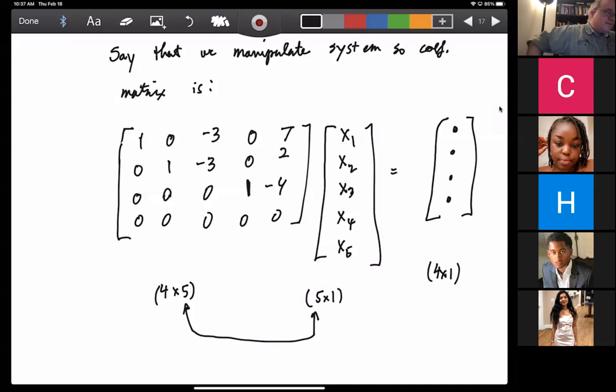So what happens if I go back to the actual equations that go along with our system? Well, the fourth equation has all coefficients of 0, so the left-hand side is going to be 0 equals whatever this entry is.